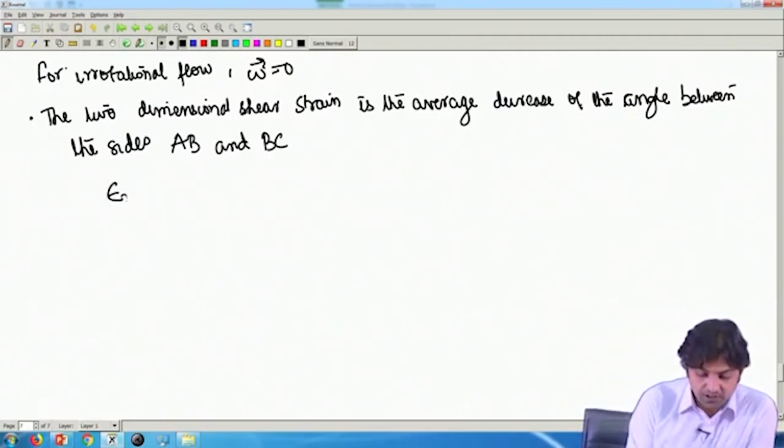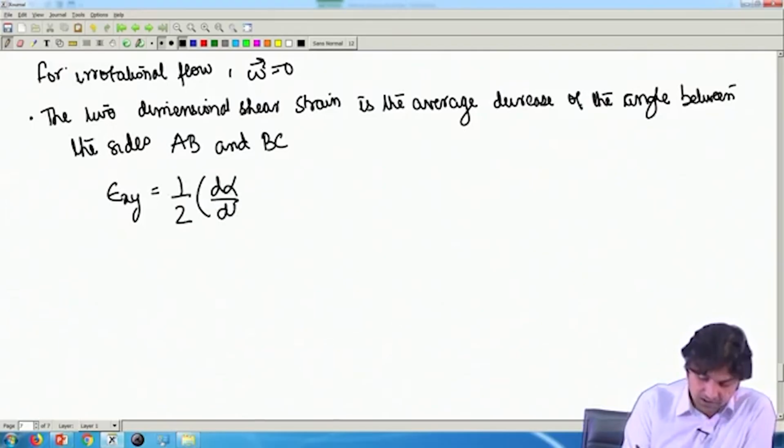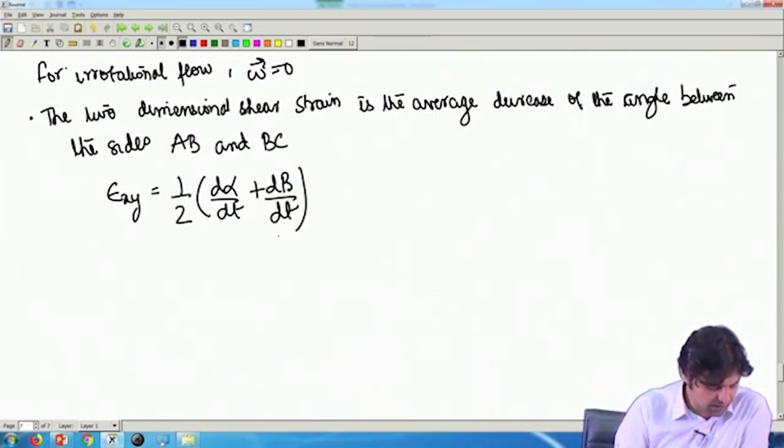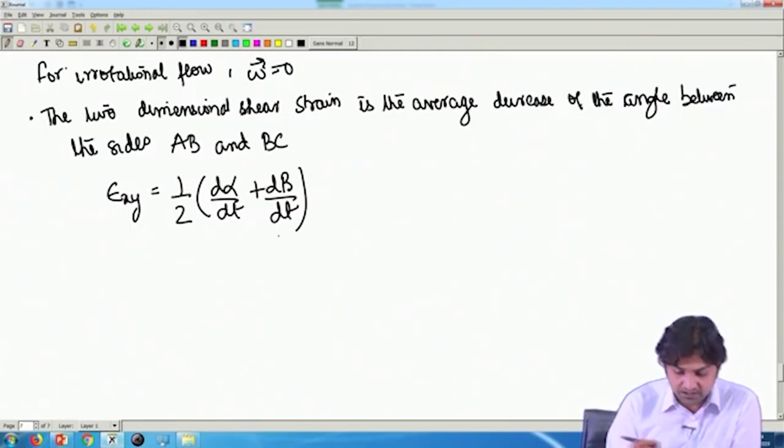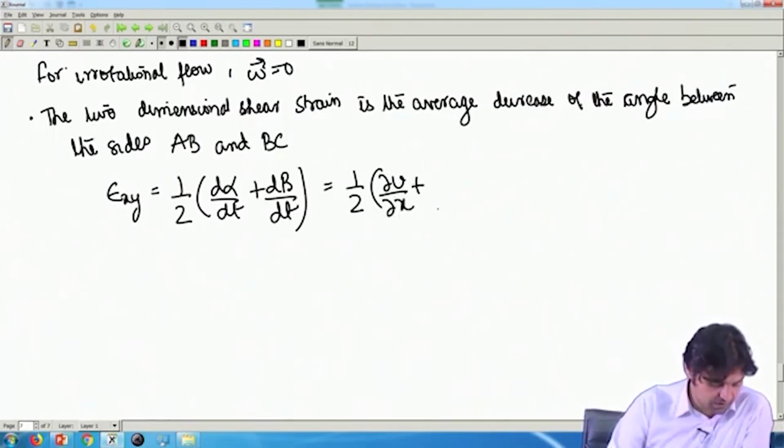So, that is half of d alpha dt plus d beta dt, right, because that is the decrease of the angle, or in other forms we get half of del v del x plus del u by del y, because d alpha dt was del v del x and d beta dt was del u by del y.